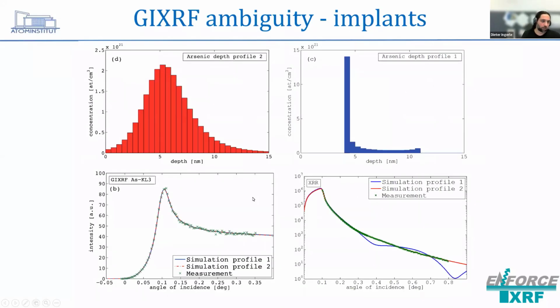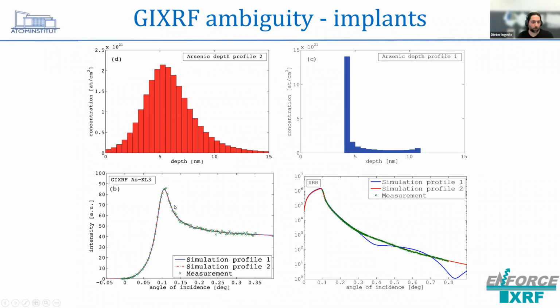In this case, we also noticed one problem. If we just use grazing incidence GIXRF for the implantation, then it's quite problematic, because we have an ambiguity between the different profiles.